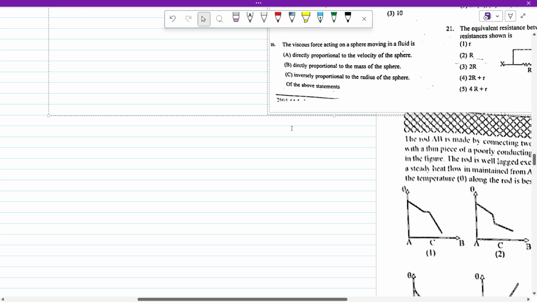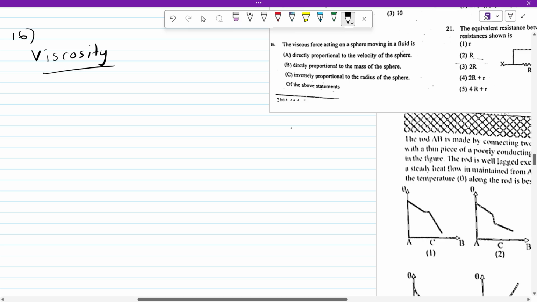Under that there are 3 categories that you'll be studying, that is elasticity, viscosity and surface tension. Here we are dealing with viscosity.